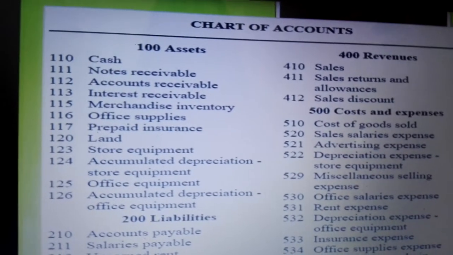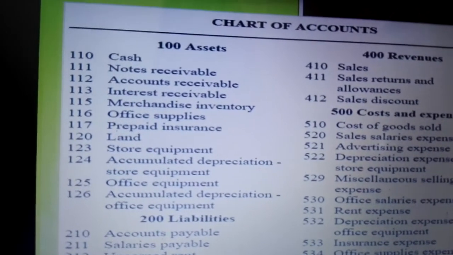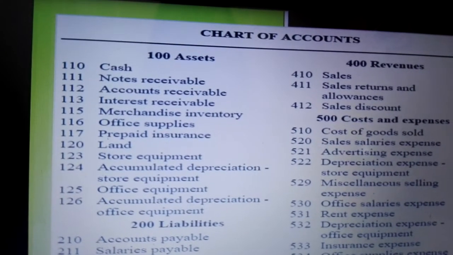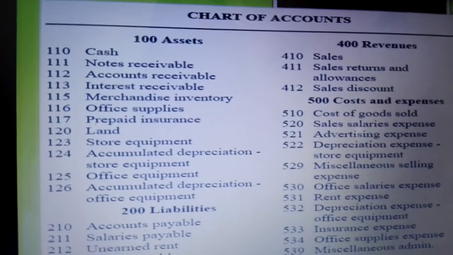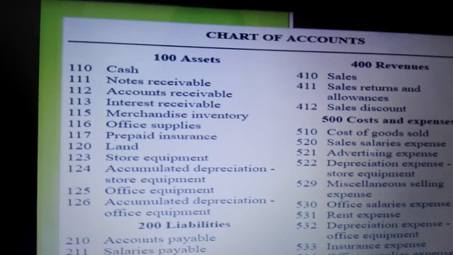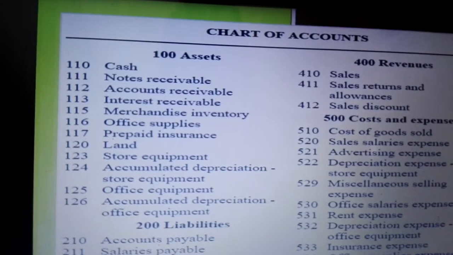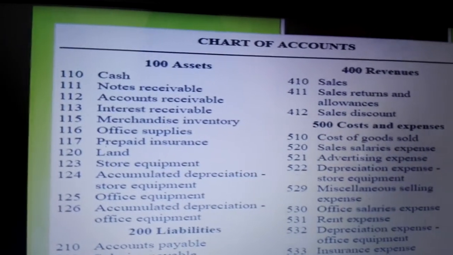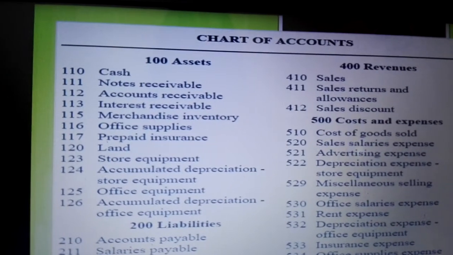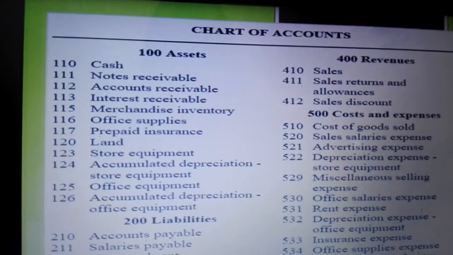So, for example, you sold the merchandise, you sold a computer, but the client doesn't have enough money at the time, so they signed a contract saying that they will pay at the end of the month. Once they sign a contract with you, and that gives you a due date when they will pay, that is a notes receivable.